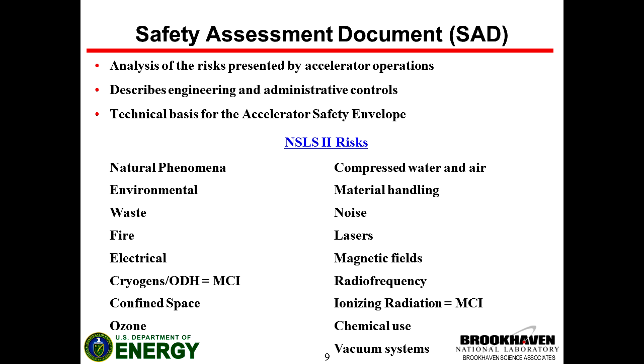But in the case of ionizing radiation, we have a potential for a maximum credible incident, which is some of those accidents like missteering of beam or slamming beam into various parts of the machine where it's not intended to be focused, that can create radiation fields that require additional controls be in place, whether they be shielding, supplemental shielding, burn-through devices, other considerations, automatic cutoff devices that measure the current that prevent you from continuing to send too much current or too much energy through the machine that could result in a problem.